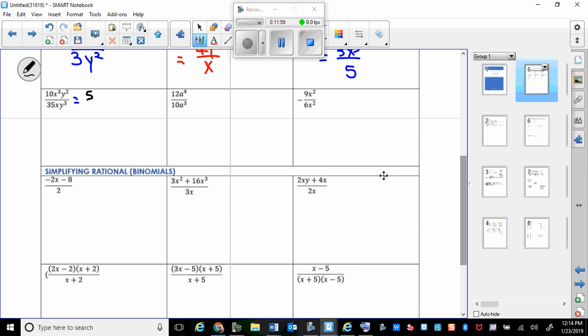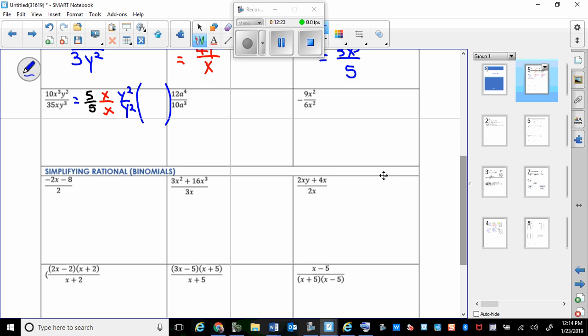So 5 over 5. Now let's work on our variables greatest common factor. I have x cubed and x to the 1, so I'm going to divide an x out on the top and an x on the bottom. Now my y's. Smallest one, I have y squared and y cubed, so I'm going to divide y squared out on the top and y squared out on the bottom.